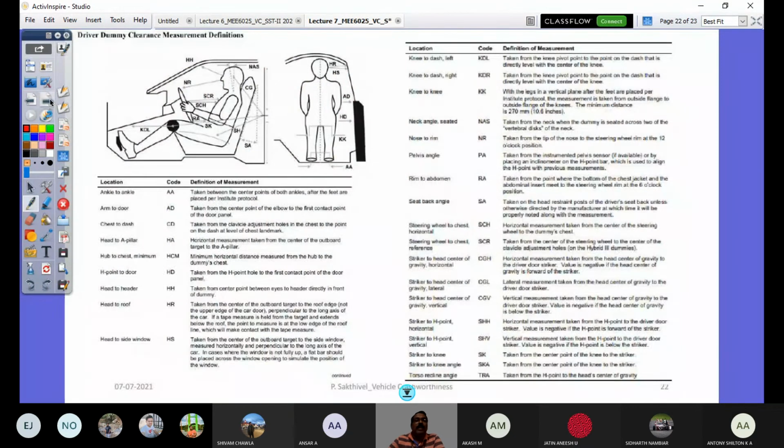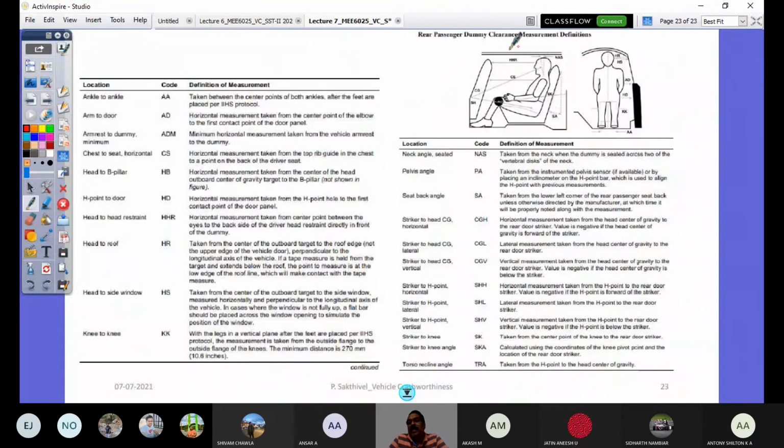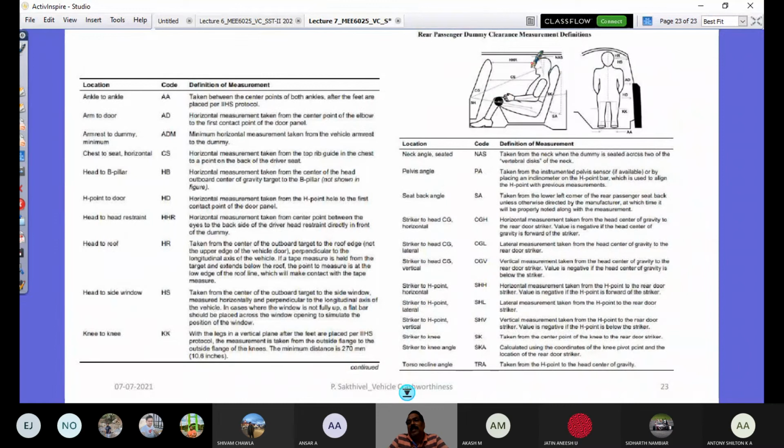Like we have seen in the morning for the frontal offset crash, the dummy clearance measurement for the driver, the same is there here. Additionally, you have to understand that for the rear passenger, there are clearance measurement definitions. These definitions and acronyms are there, along with the codes, the detailed locations, and the measurement definition.